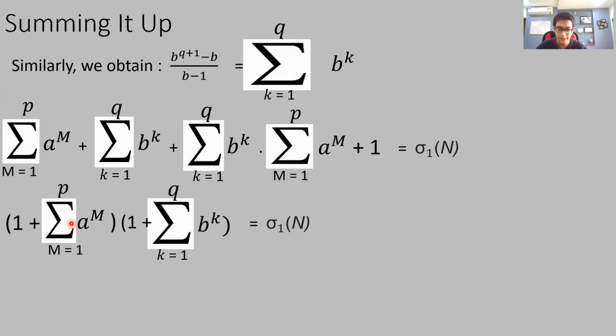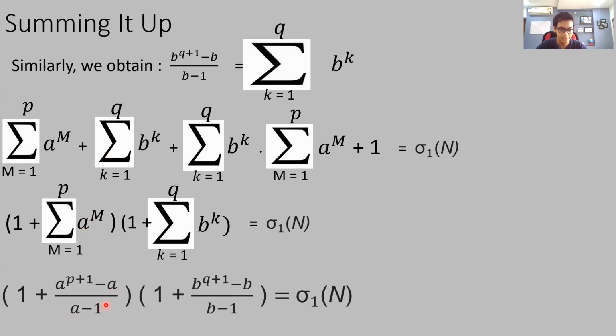Now, substituting the values of these sums into this shortened formula, we get 1 plus a to the p plus 1 minus a over a minus 1 times 1 plus b to the q plus 1 minus b over b minus 1 equals the sum of divisors of a number.